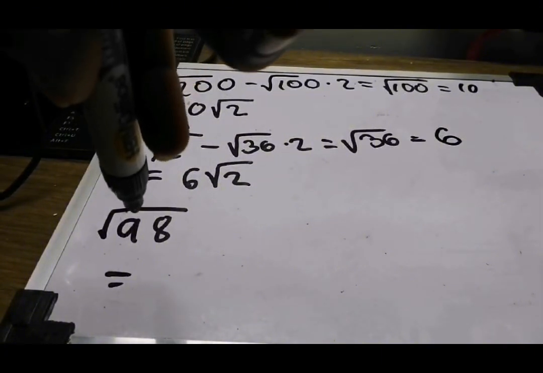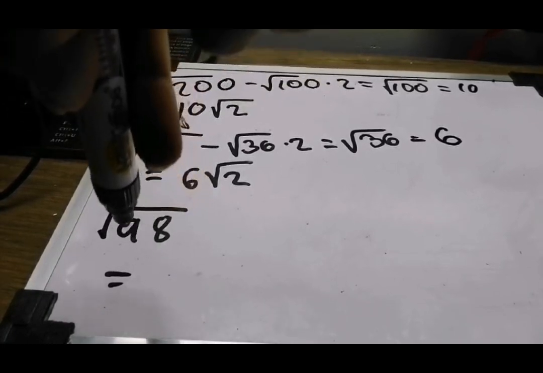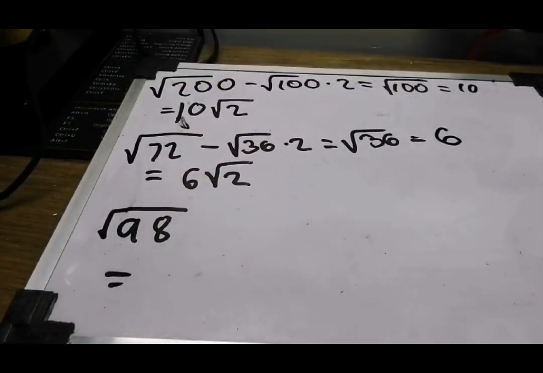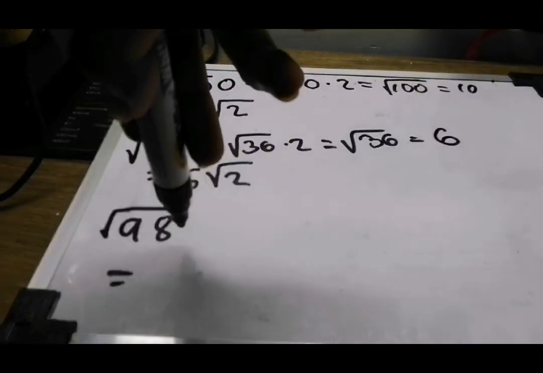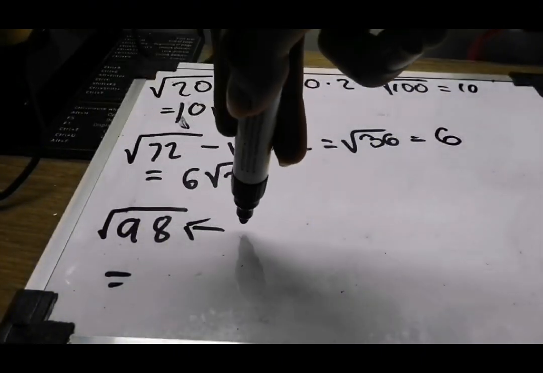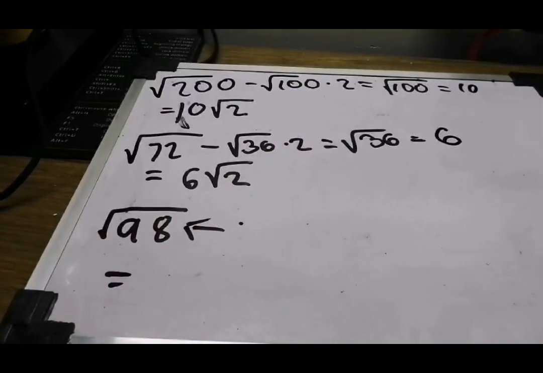Next part, the square root of 98. Again, the factors, you will have the square root of 49 and 2.